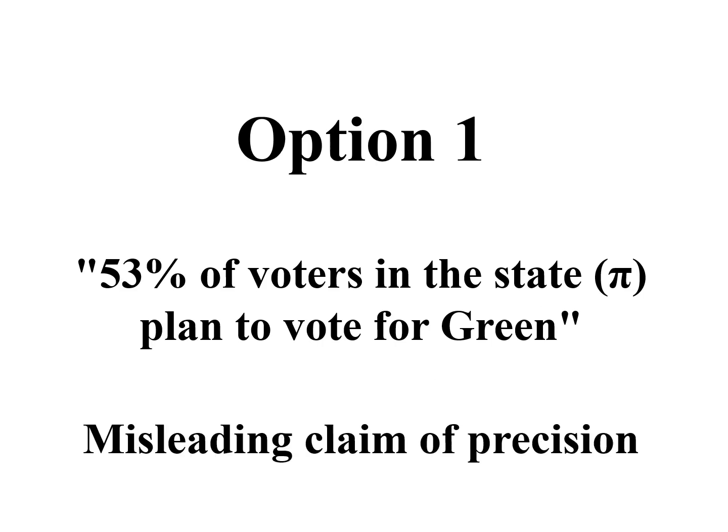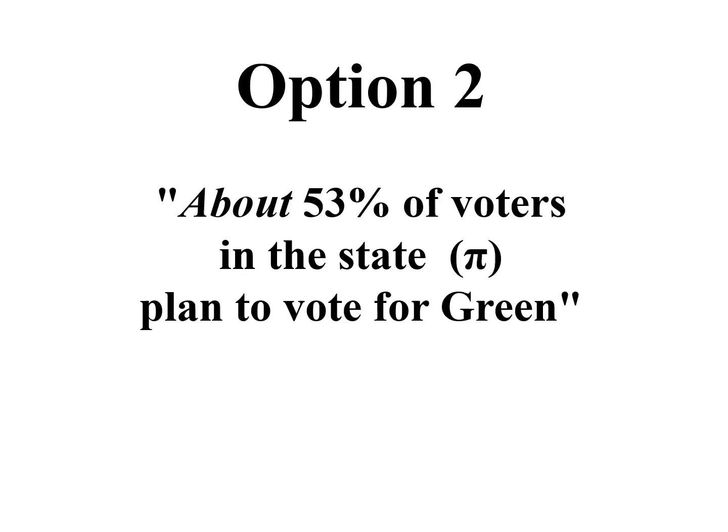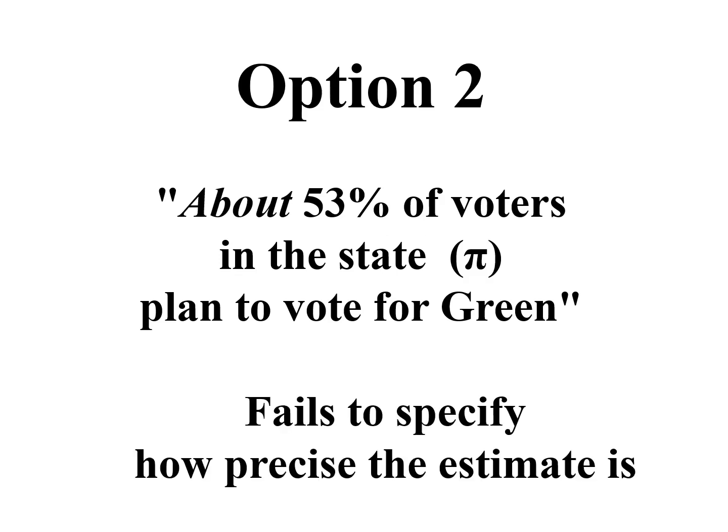However, this statement is misleading. It's a misleading claim of precision. Her second option is to be vague about pi and say something like about 53% of voters in the state plan to vote for Green. However, this fails to specify how precise the estimate is.